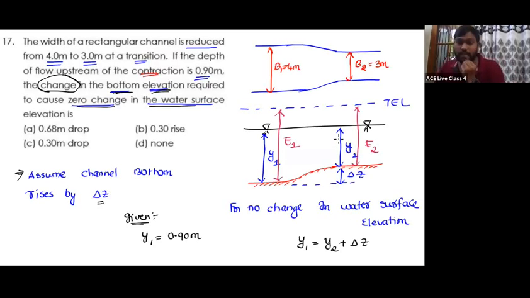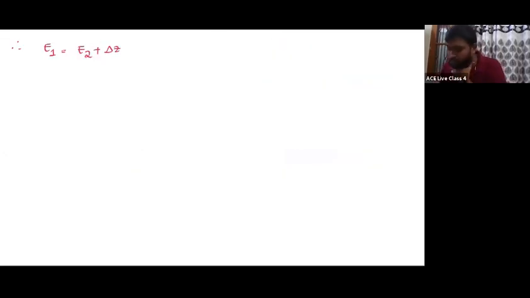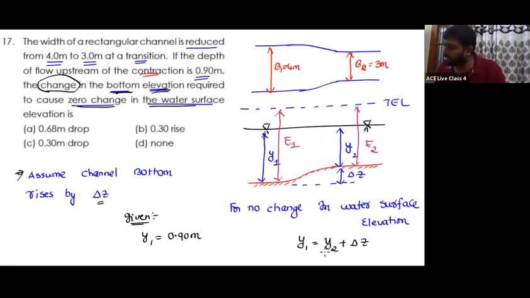Now the relation is E1 is equal to E2 plus delta Z, whereas Q1 is different and Q2 is different now. So Y1 plus V1 square by 2g is equal to Y2 plus V2 square by 2g plus delta Z. But you know that Y2 plus delta Z is nothing but Y1.